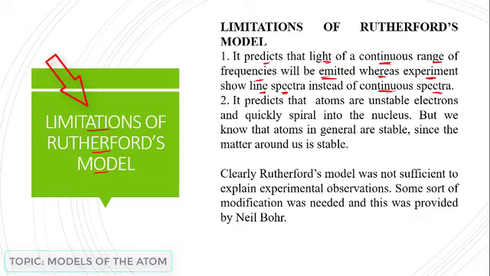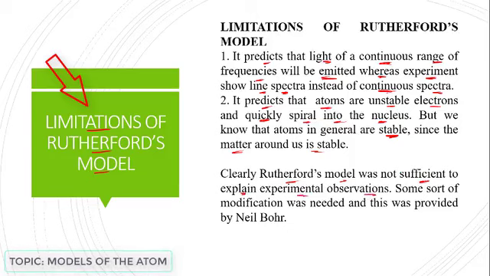The second limitation of Rutherford's model was that it predicted that atoms are unstable and that electrons quickly spiral into the nucleus. But in general, we know that atoms are stable, since the matter around us is stable. So clearly, Rutherford's model was not sufficient to explain experimental observations.